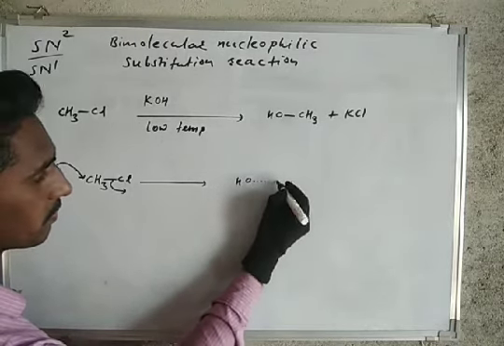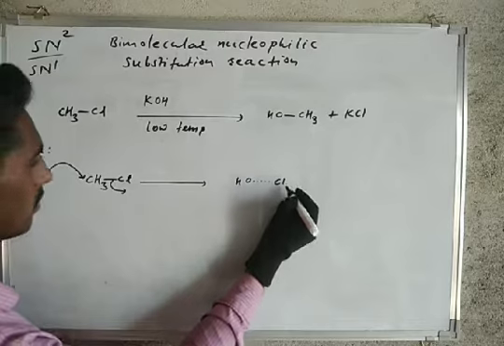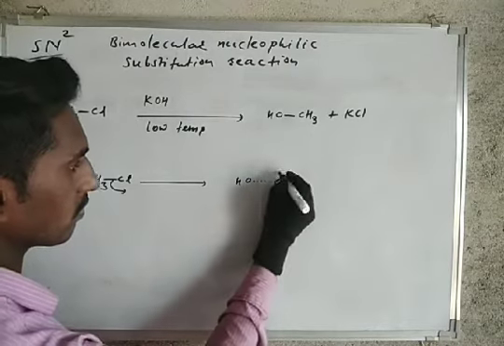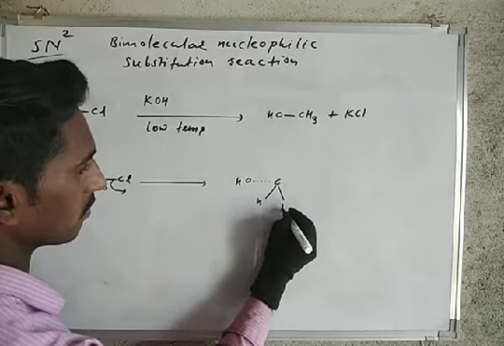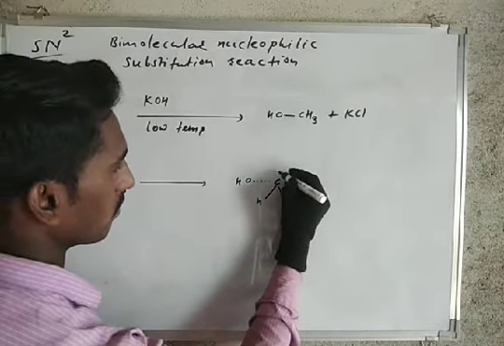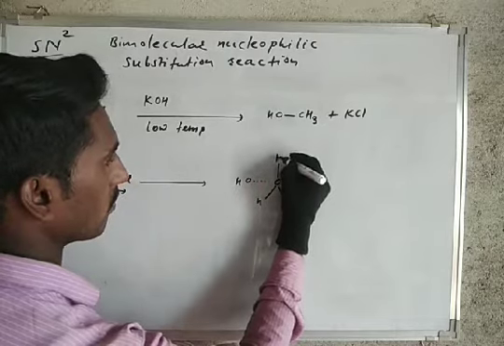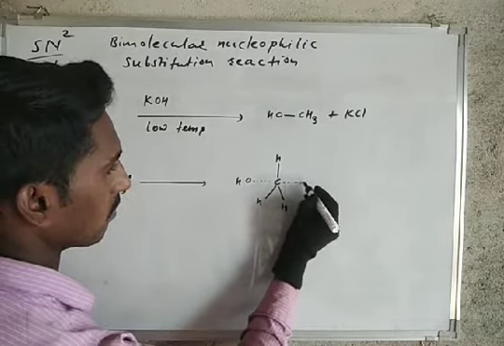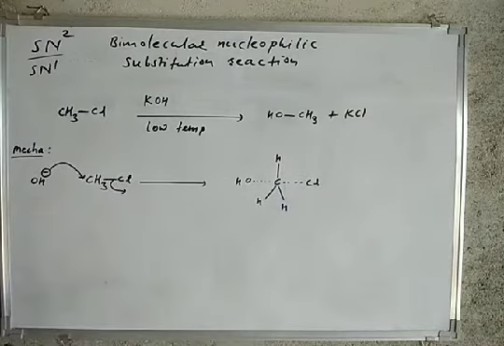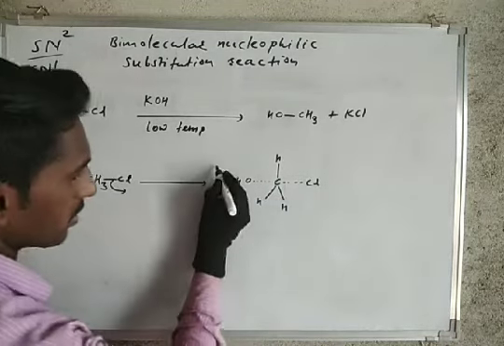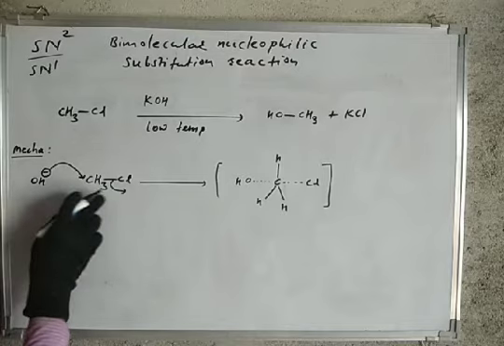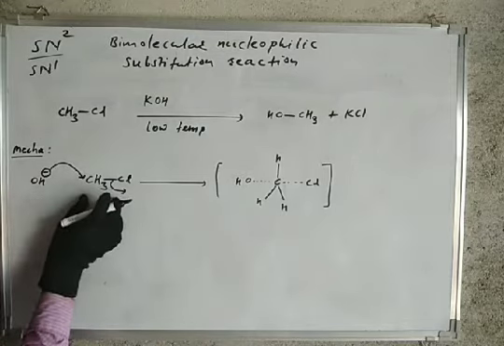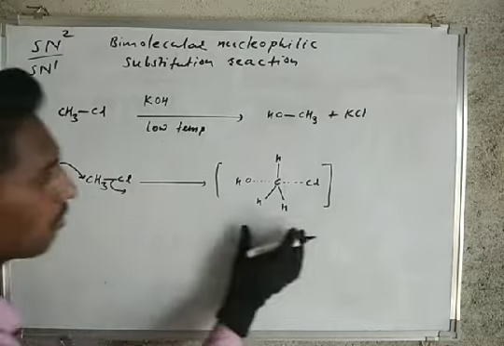OH, Cl. This is the transition state of the SN2 reaction. Here, the attack of the nucleophile takes place simultaneously as the leaving group leaves the molecule and forms this transition state.